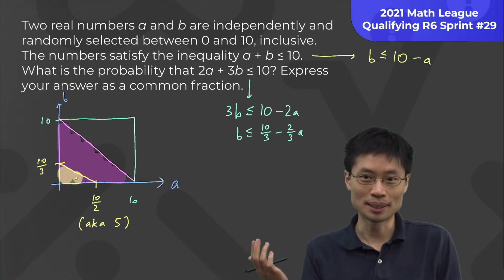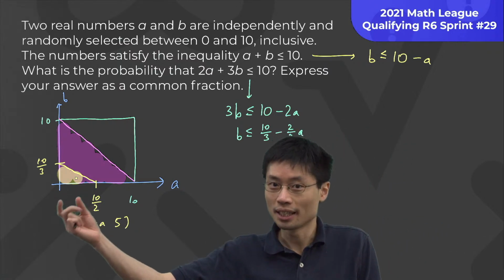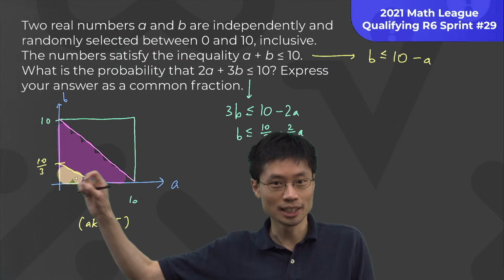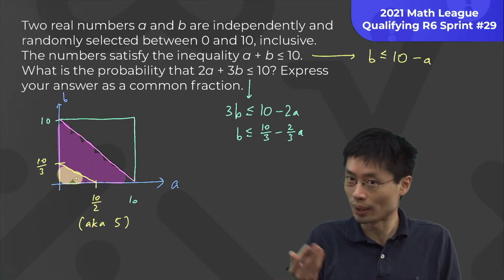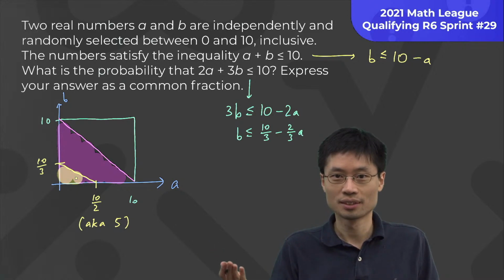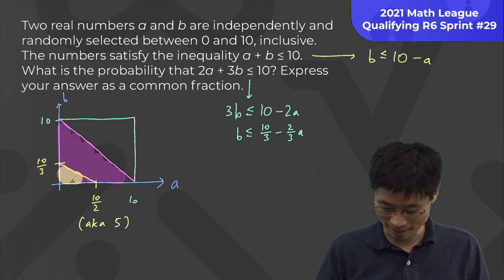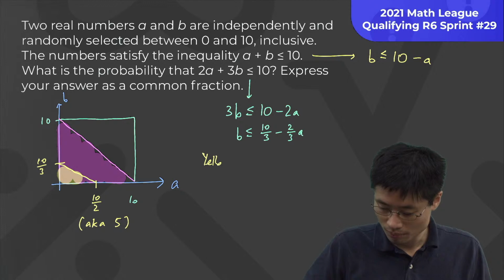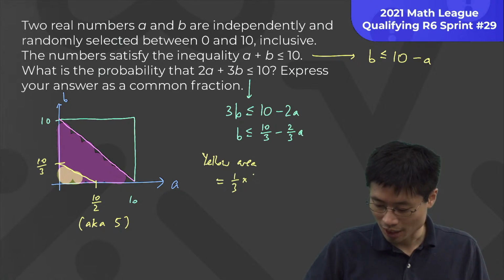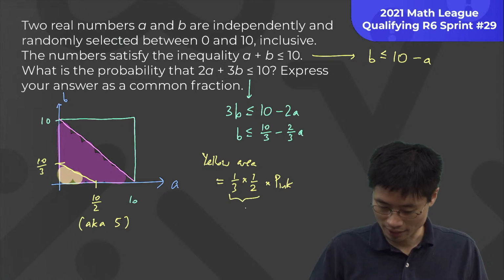If I thought about half base times height, what I'm saying is my base is half of the other base, and my height is 1/3 of the other height. So my area is 1/3 times 1/2 of the original thing. Does that make sense? That's actually quite nice. So now I know that the yellow area is equal to 1/3 times 1/2 times the pink area. So the answer is 1 over 6.